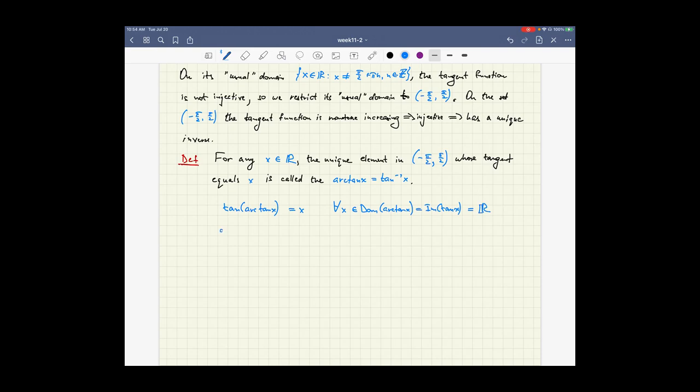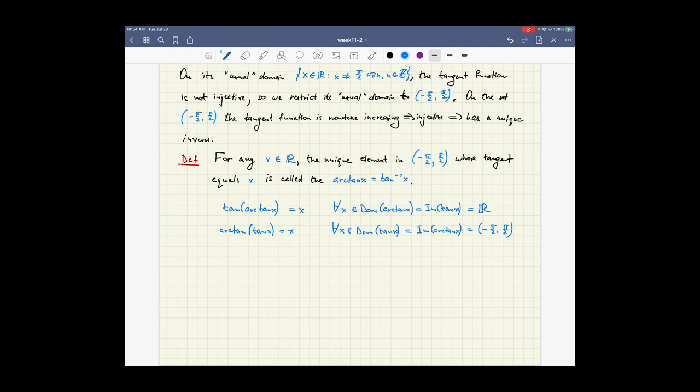And likewise, arctangent of tangent x equals x. This time it's for every x in the domain of tangent, restricted, of course, which is also the image of arctangent, which is the open interval negative pi over 2, pi over 2.